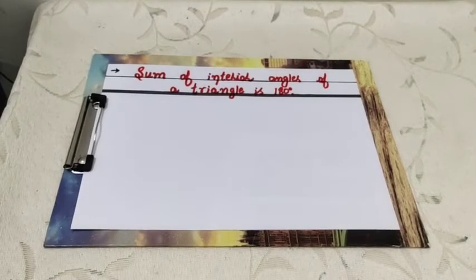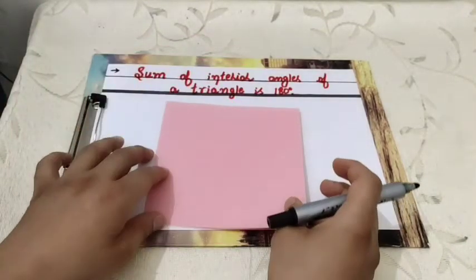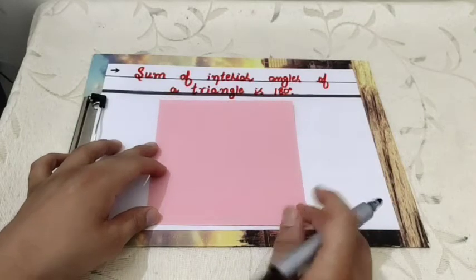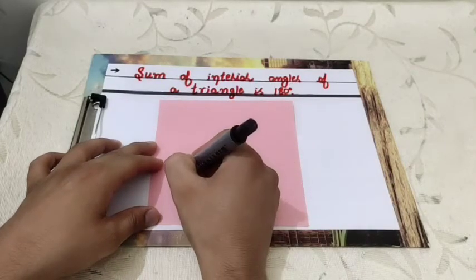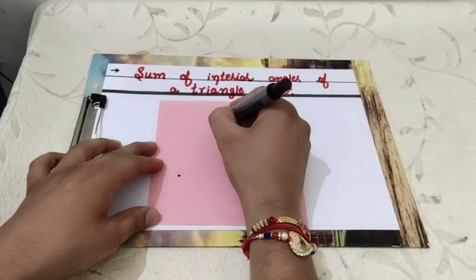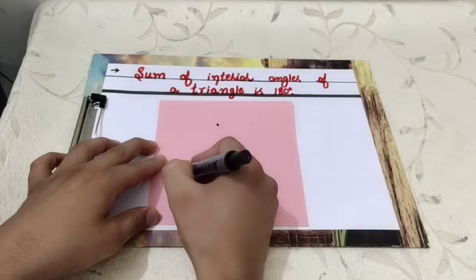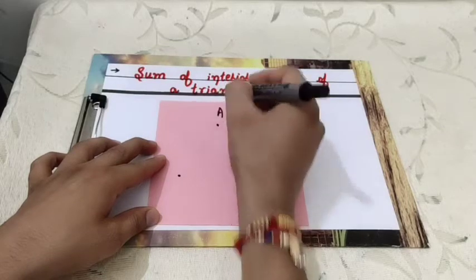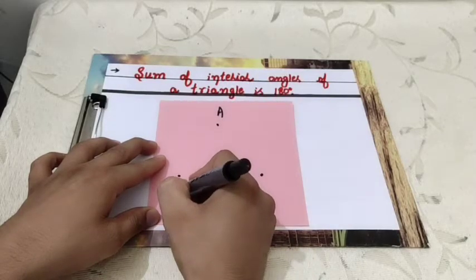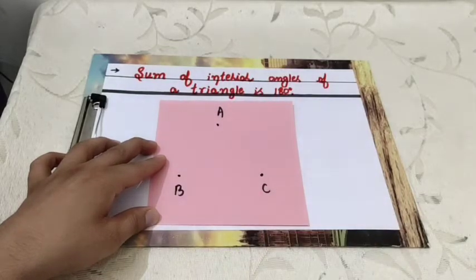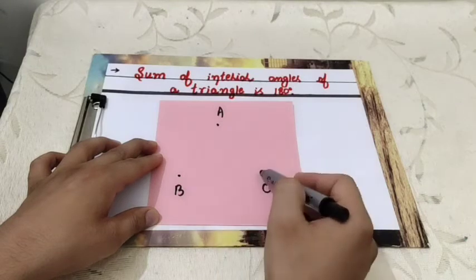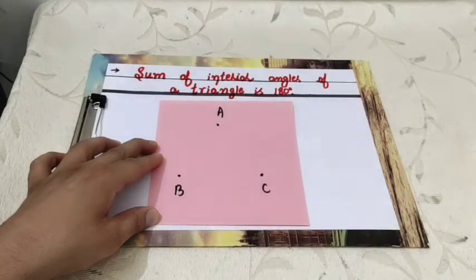And students, for this we take a colored sheet of paper and we will mark 3 non-collinear points on this: point A, point B and point C. Then we will join these 3 non-collinear points so as to make a triangle.